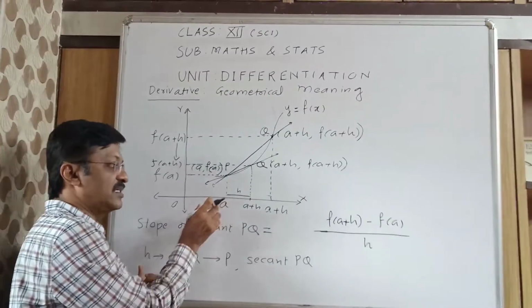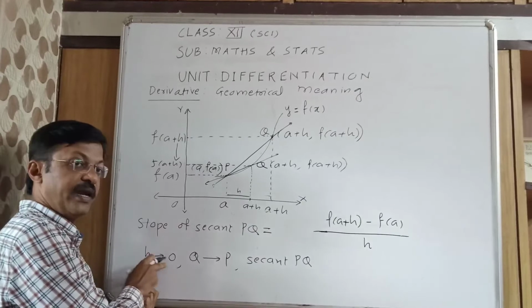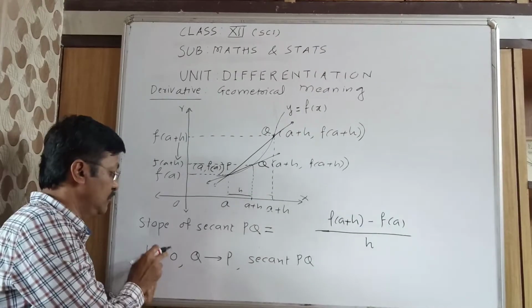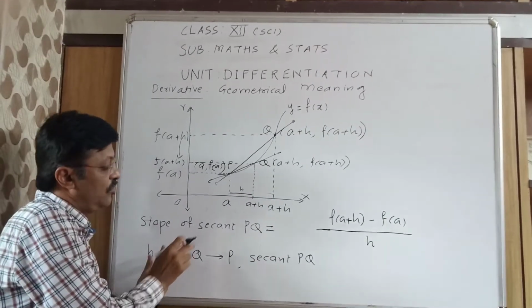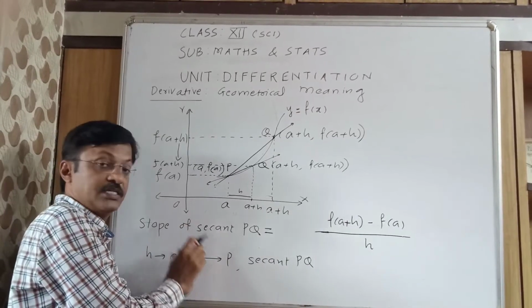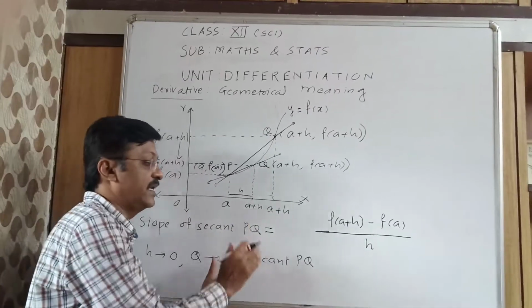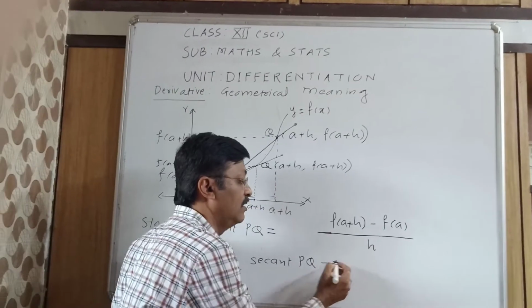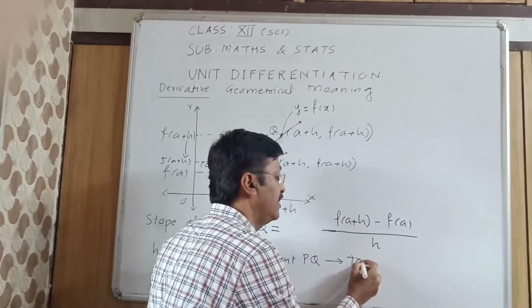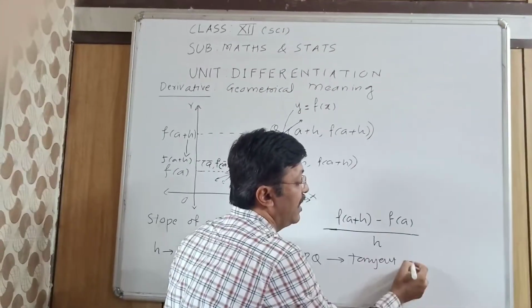If h tends to 0, Q will tend to P, and secant PQ will turn into tangent at P.